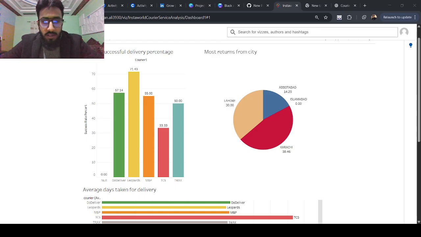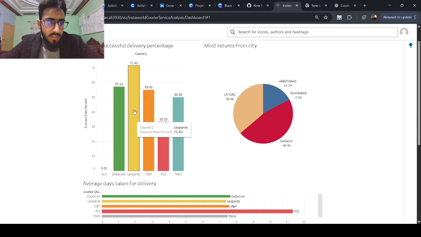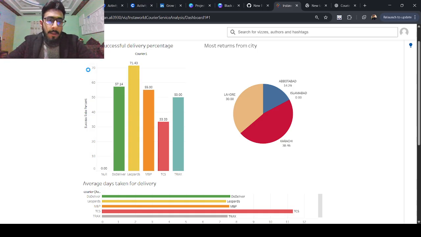So right here in the first graph, we can see Leopards is showing the highest percentage of successful deliveries. These are related to the number of orders that they receive and the number of successful deliveries that they make, and then we perform some calculations to find the percentage of success.